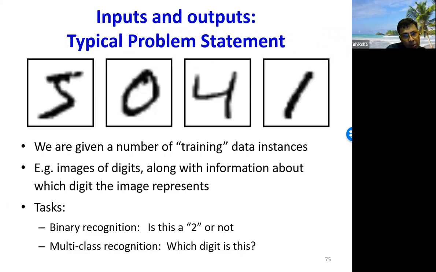And so with the inputs and desired outputs defined, here is a typical problem statement. We're going to be given a number of training instances, for example, images of digits along with information about which digit the image represents. In a binary classification task, the information could be simply, is this the number 2 or not? For a multi-class classification task, it could be this is the number 5, this is the number 0, this is the number 4.